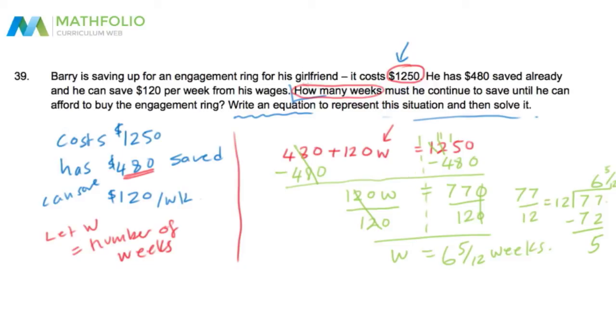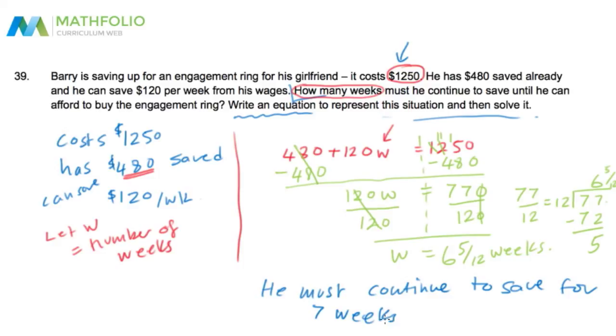But when we answer the question, how many weeks must he continue to save, we've got to say he must continue to save for 7 weeks. We have to round this up until he does get that paycheck that includes the 5/12 of a week as well. So he must continue to save for 7 weeks to be able to afford the engagement ring.